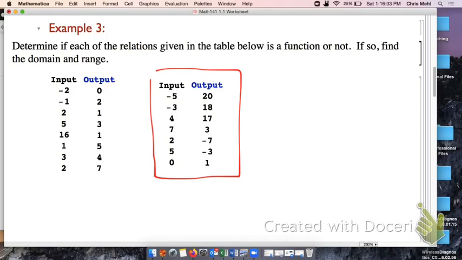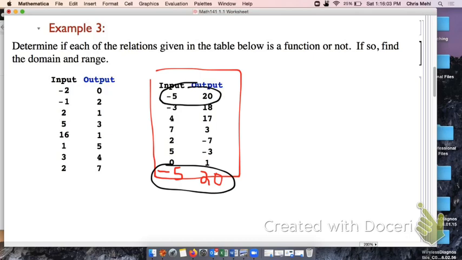None of those inputs are repeating, and I could add a -5 with an output of 20. Even if I did have a repeating input, I want you to notice that both of those pairings still have the same output.